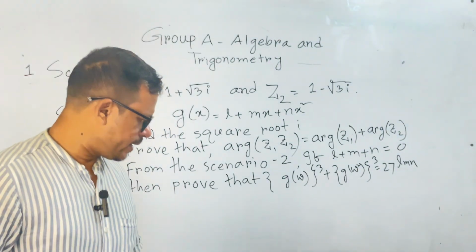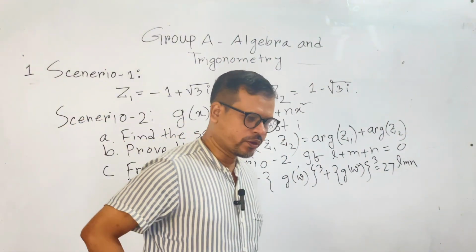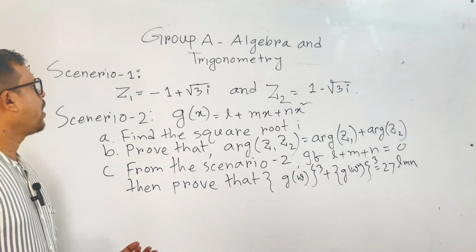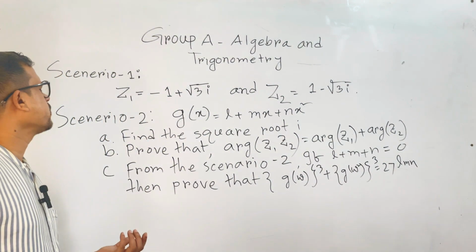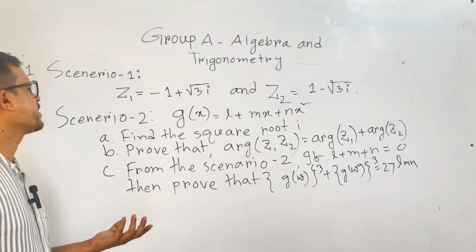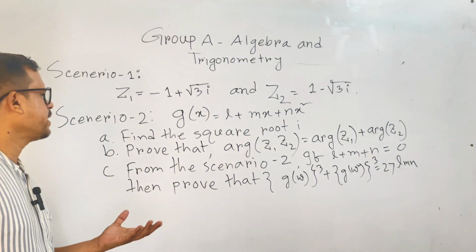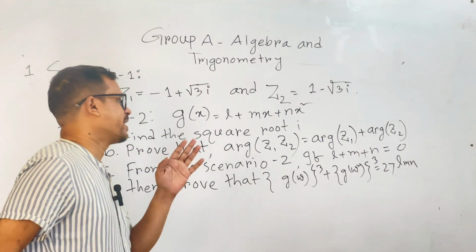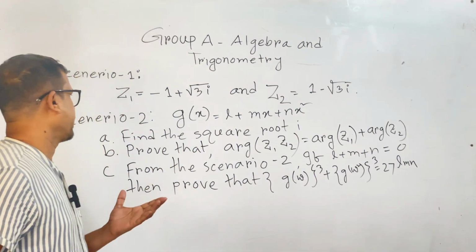Okay, now again I say the question. Group A, algebra and trigonometry. Scenario 1: z1 equal to minus 1 plus root 3 i and z2 equal to 1 minus root 3 i.